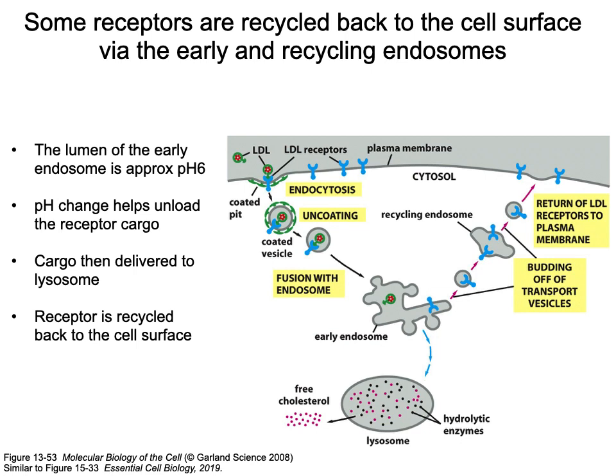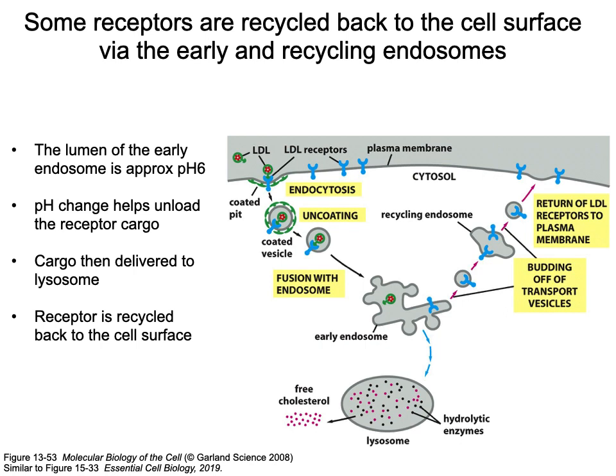So for some receptors that have been introduced into a vesicle through the process of endocytosis, they can be recycled. So what we're seeing here is we've got endocytosis. We have this vesicle forming. It's going to develop, it's going to end up fusing with an endosome.